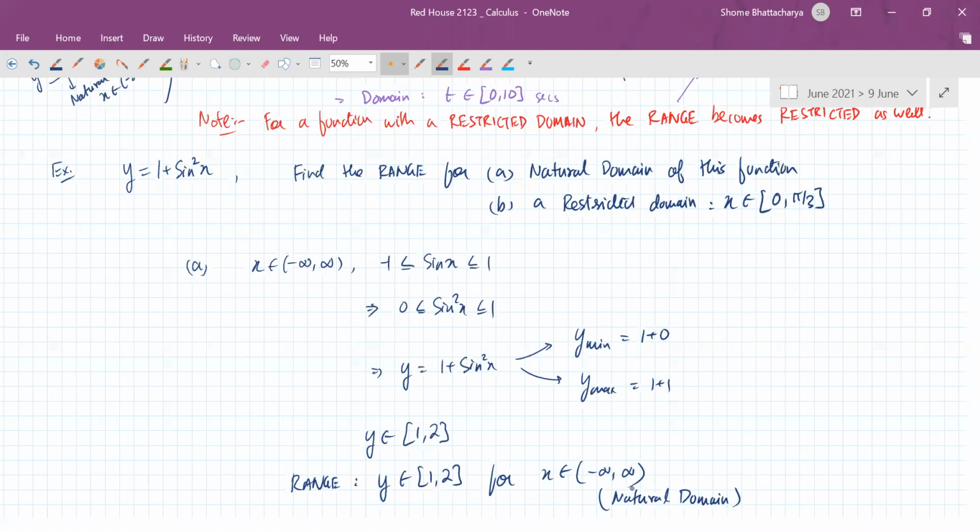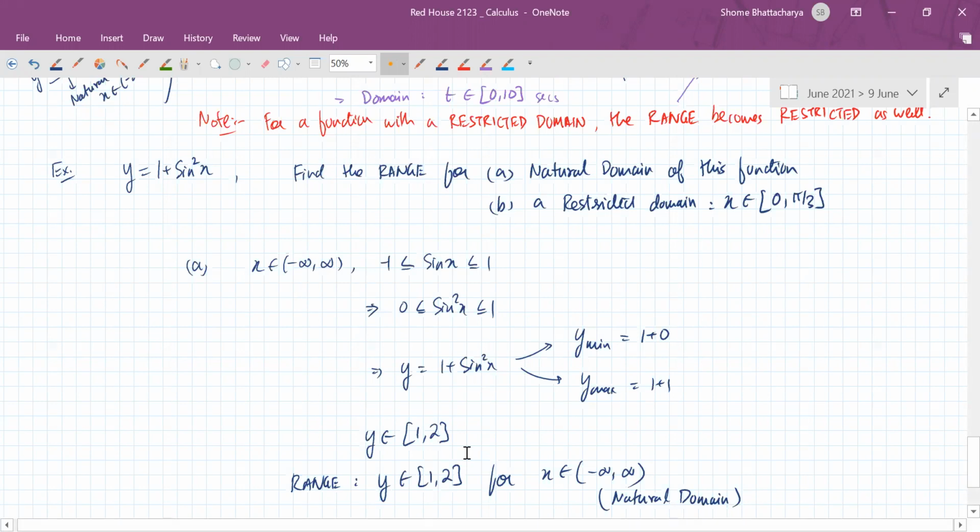Sir, could you explain the part that sine square x is greater than or equal to 0 and less than or equal to 1? Can I explain where sine square x is between 0 and 1? I understood that the sine x graph goes between 1 and -1. Yeah. So now just think of sine x as a new variable z, let's say. So where is your z going? From -1 to 1. So what about z square?